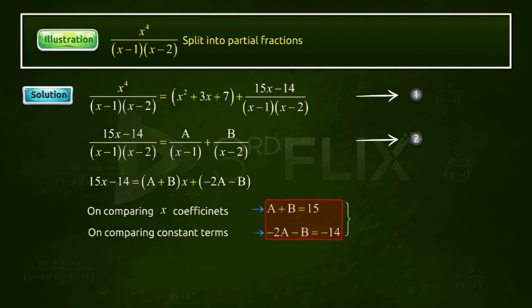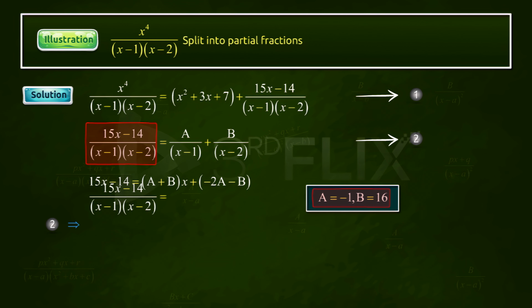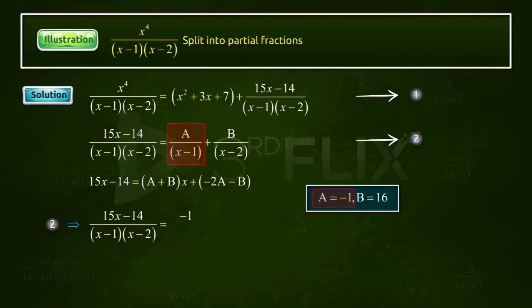Simplifying these two equations, we get the values A = -1 and B = 16. Substituting these values in equation 2, (15x - 14)/((x - 1)(x - 2)) = -1/(x - 1) + 16/(x - 2).